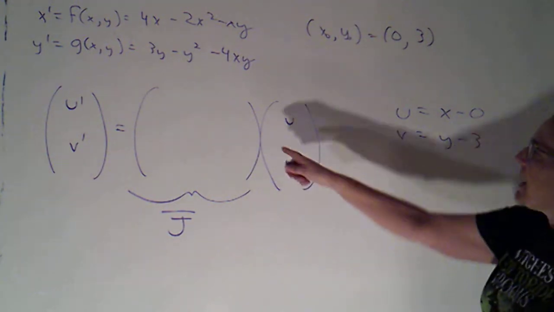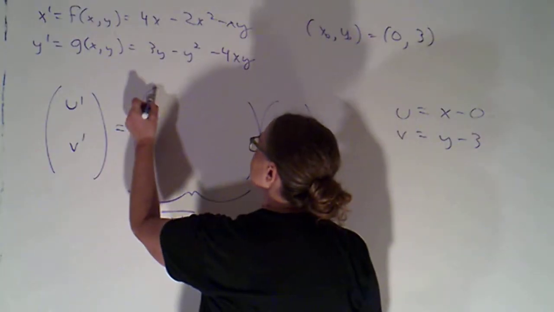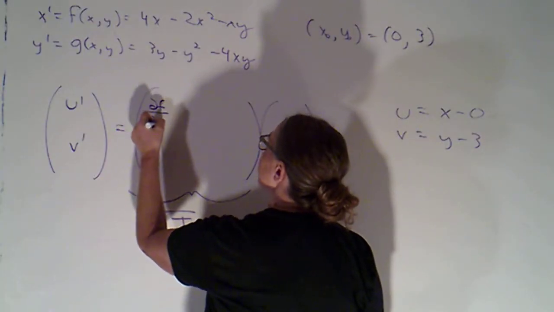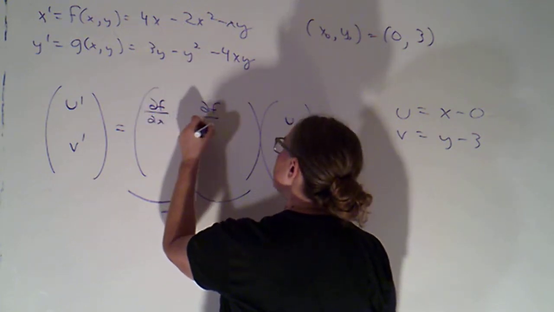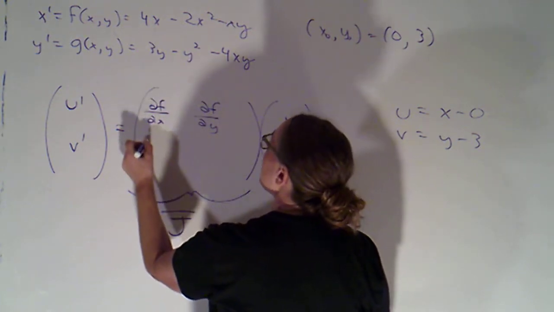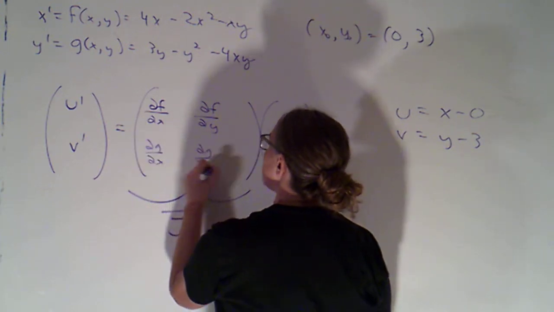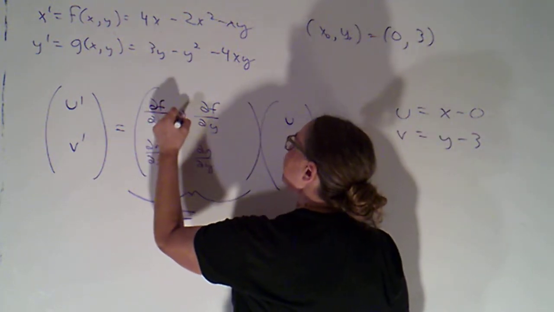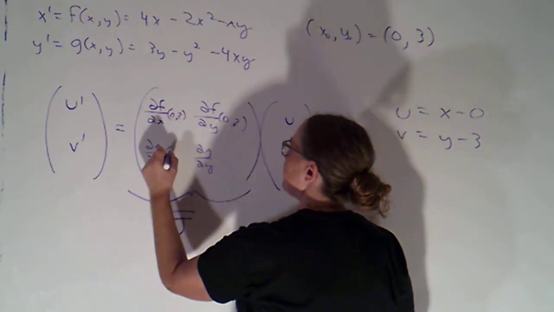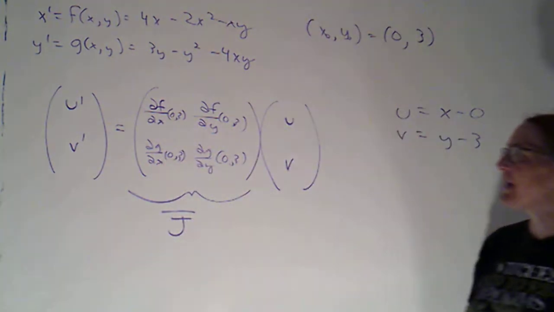Okay. Now, the entries of this Jacobian matrix are just our partial derivatives. So it's the partial derivative of f with respect to x, partial of f with respect to y, partial of g with respect to x, partial of g with respect to y, and all of this needs to be evaluated at the point 0, 3, because I don't want functions as my entries, I want numbers as my entries.